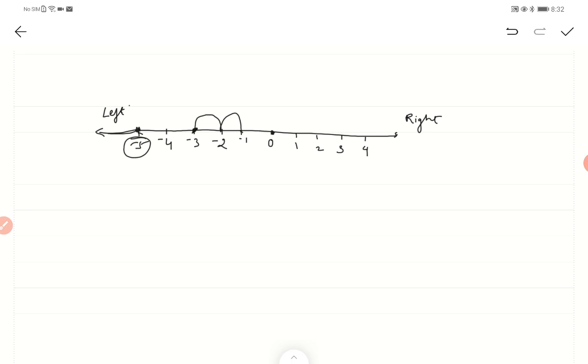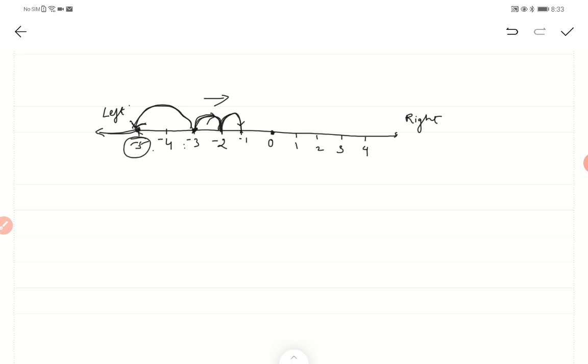1, 2. See, forward means you need to move like this, on the right side. If I say 2 steps backwards or 2 units backward, I will move like this, 1, 2 units I have moved back. And this is how I have moved 2 steps forward from -3.